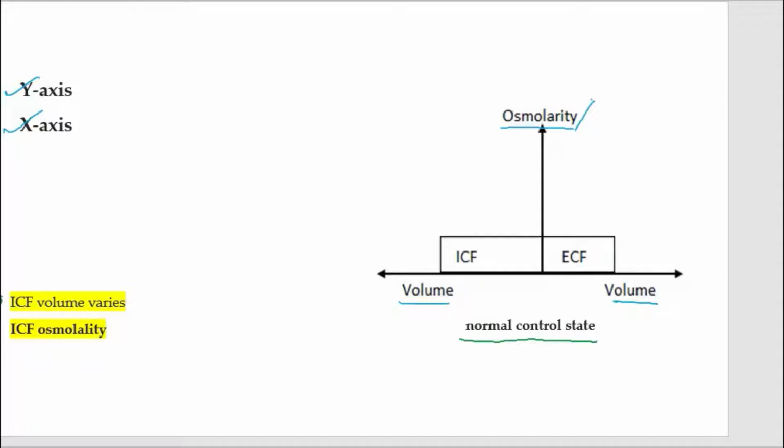In previous videos we learned that the ICF volume is equal to 2/3 of the total body water, whereas the ECF volume is equal to 1/3 of the total body water. That's why the ICF volume is greater than the ECF.